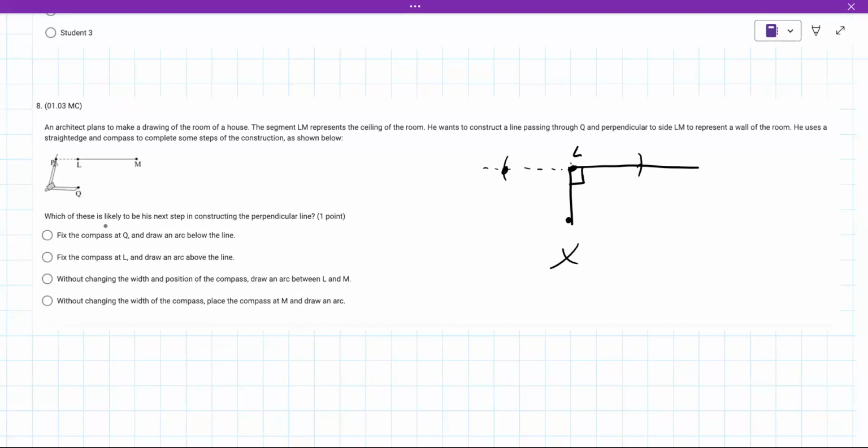Then you connect with a straightedge like that. All right, so what it appears, let's see: fix the compass at Q, fix the compass at L, without changing the width and position, draw an arc between L and M.